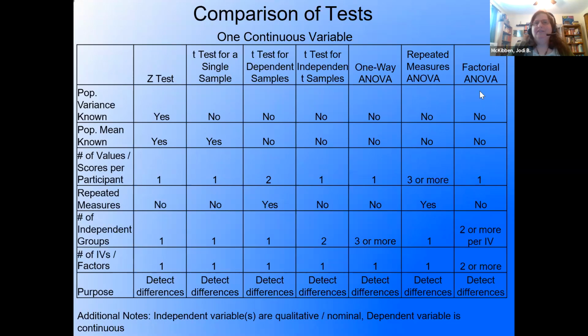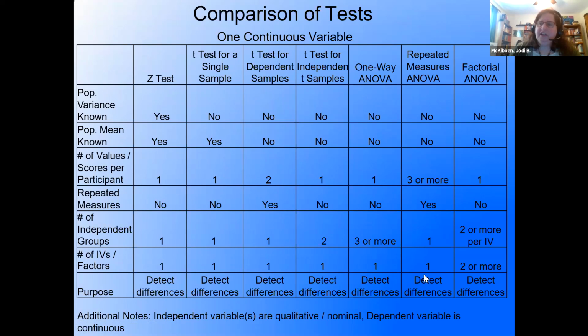So there are a lot of tests in this first table. Why are there so many? Because all of these tests have in common that they use one continuous variable. All of these tests tend to have categorical independent variables and continuous dependent variables.